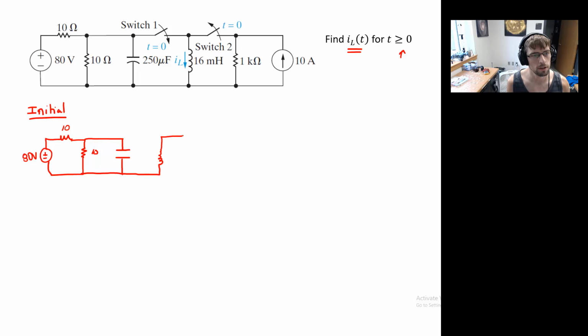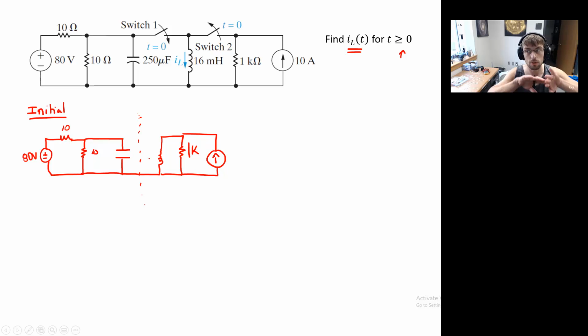And then we have our inductor, our 1K resistor, and our current supply. So we're dealing with some circuit like this. In fact, you can almost think of it as two separate circuits, right? There is no current flowing in this part of the circuit, and so it's almost as if these two circuits are not electrically connected at all.